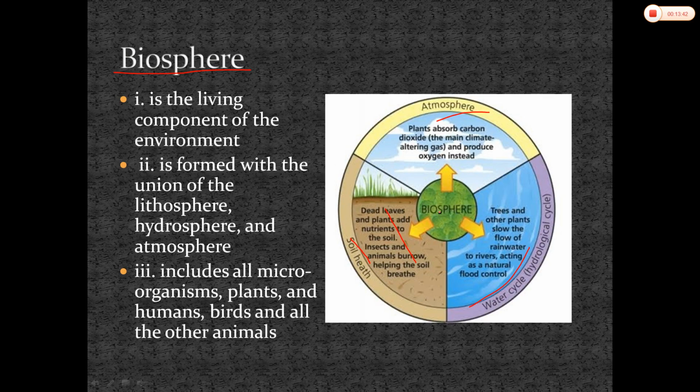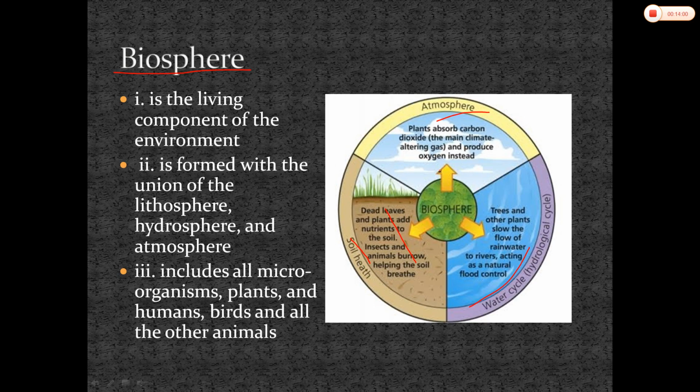It is a narrow zone of earth where land, water, and air interact with each other to support life. Means land, water, and air all are interacting with each other to support life, to survive on the earth.